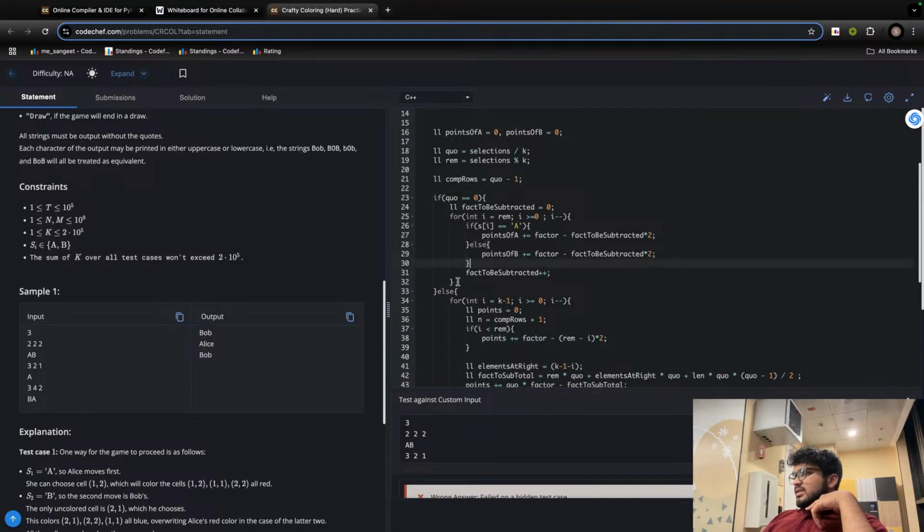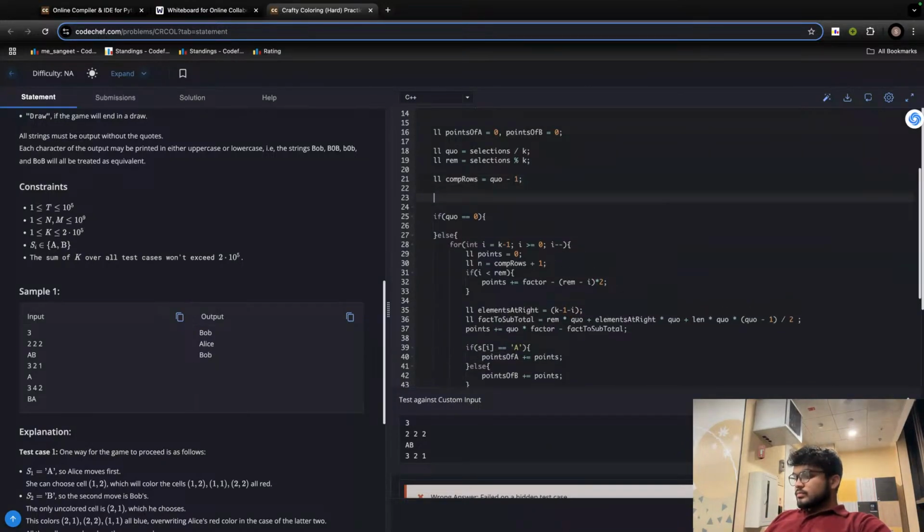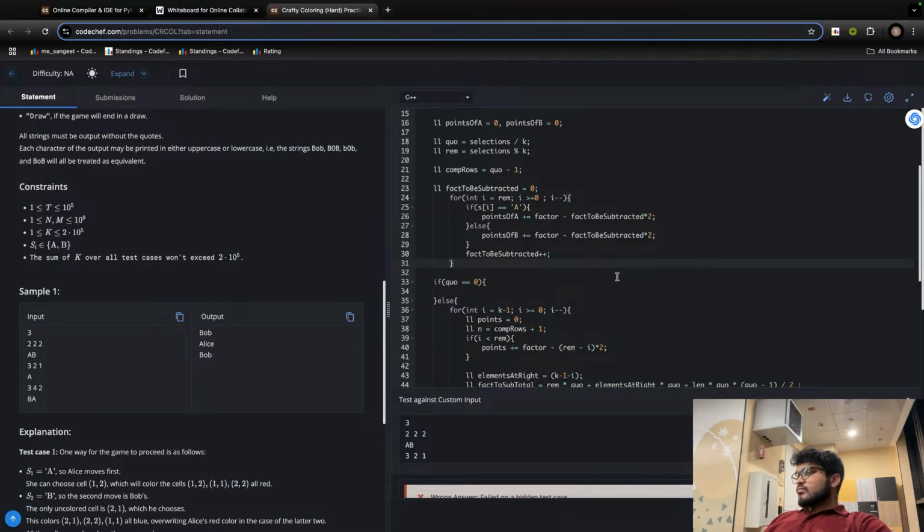Irrespective of this, this has to be true, right? This has to be true. So now we don't need to do this.